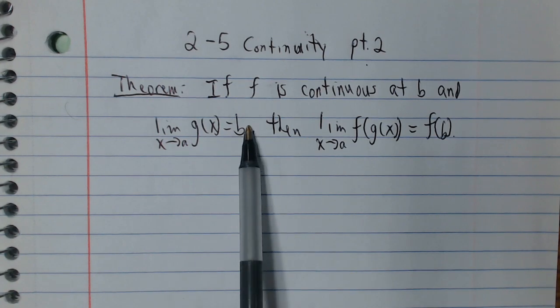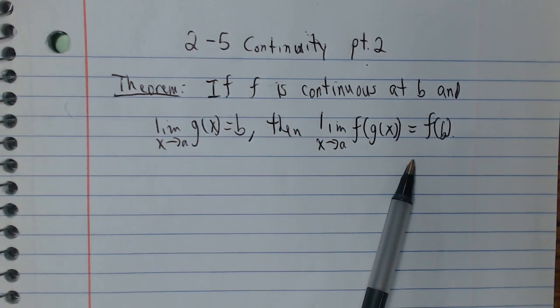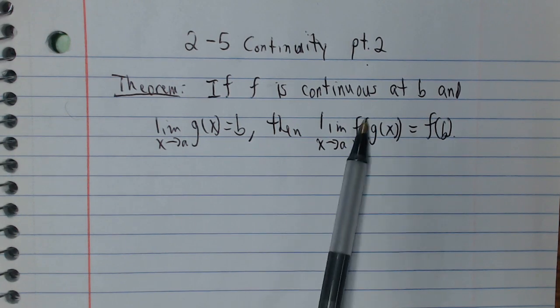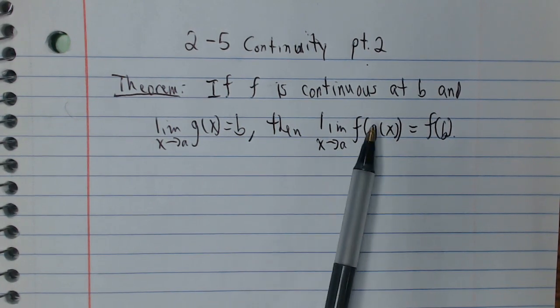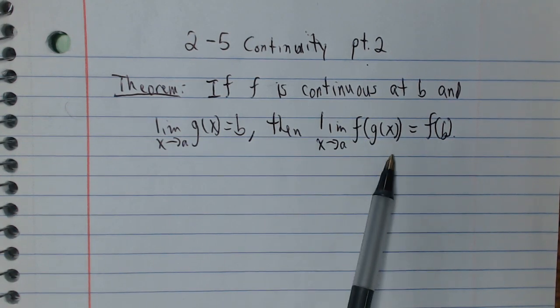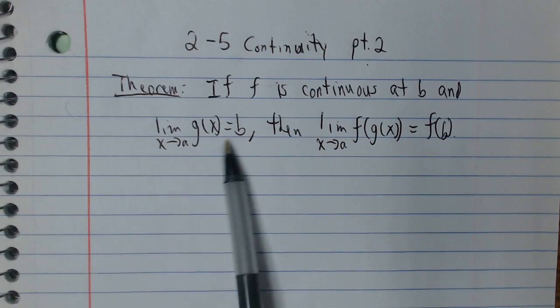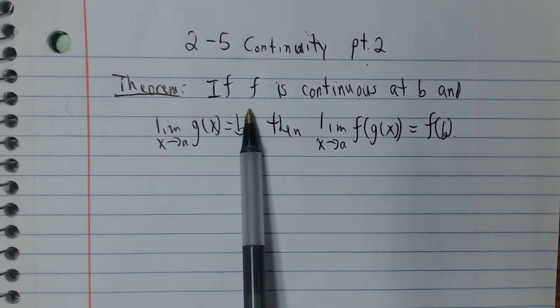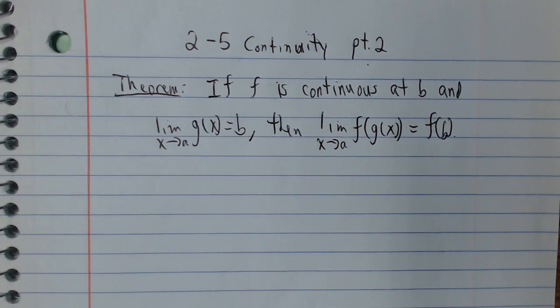So if it's not continuous at b, then we have to be careful. We can't use direct substitution. So we have to take different approaches and say, look, this limit still may exist or it may not, but we get a lot of nice results if f is continuous at b. So if this limit exists and it is b, and f is continuous at this value, I could just plug b into the function and get the answer.